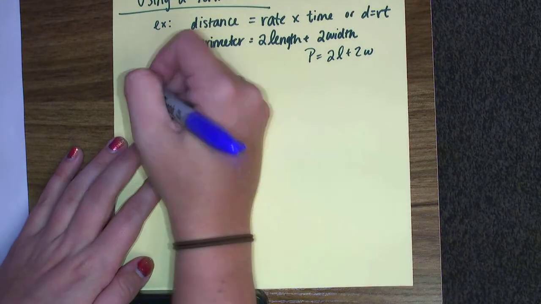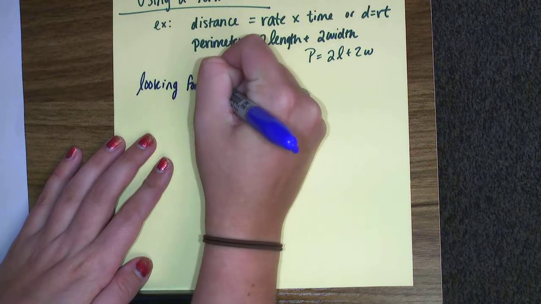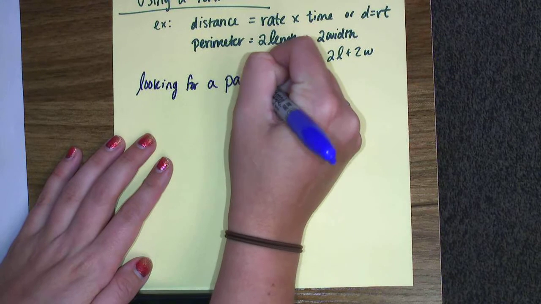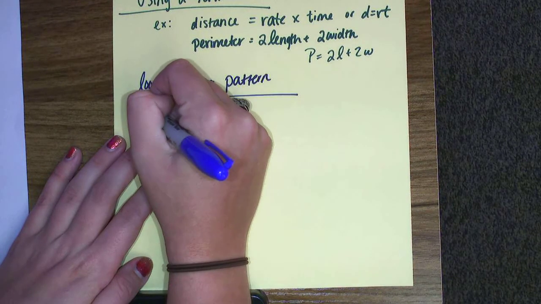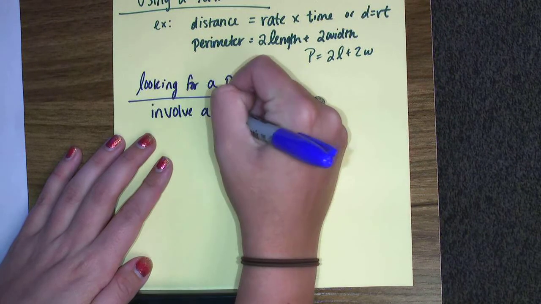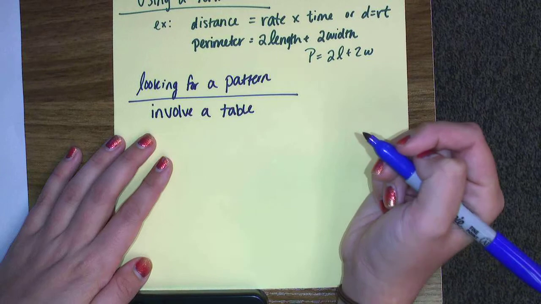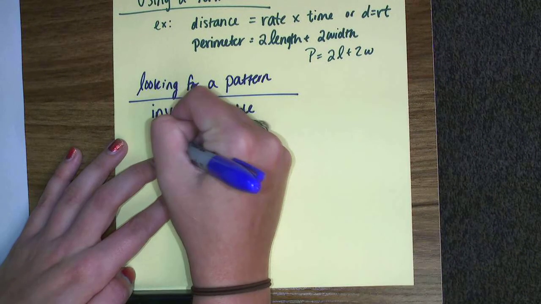Next we have looking for a pattern. Okay, so these ones, they involve a table. Okay. You're going to find a pattern in the table.